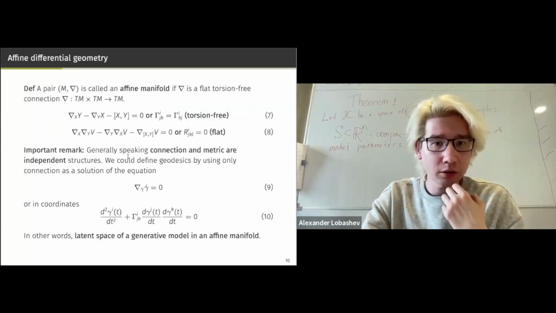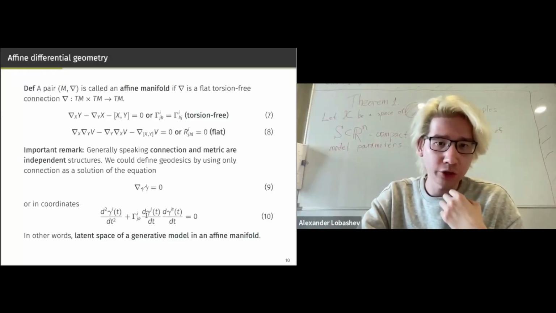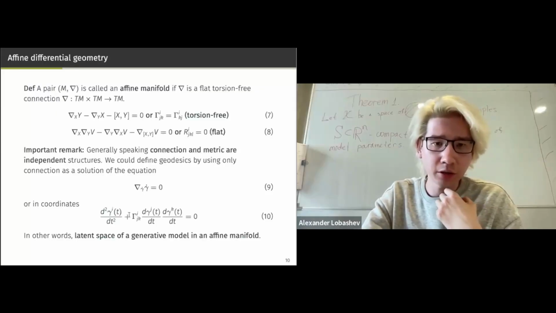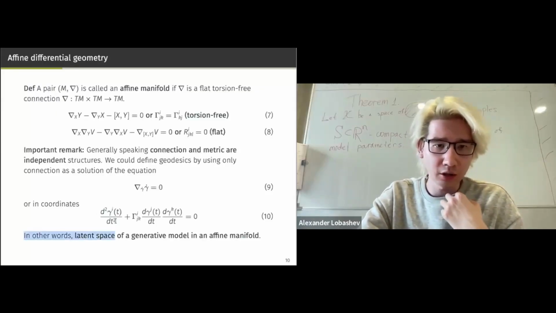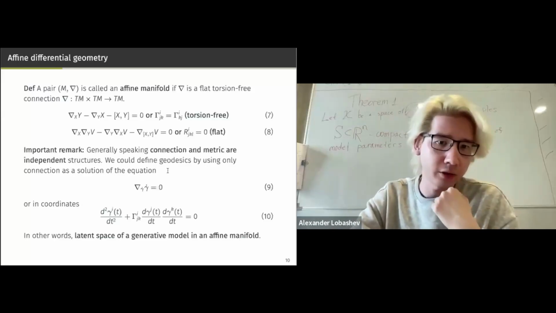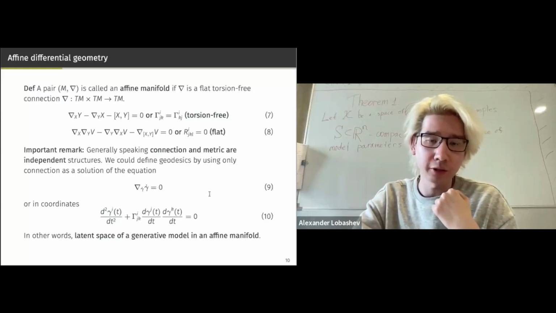Okay, and if we have a connection which is flat, then all Christoffel symbols will vanish, and we have only the second derivative of our curves, which is zero. So it means that we have a straight line as a geodesic if our connection is flat.